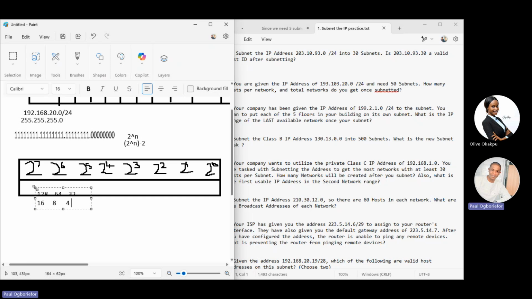The next one will give you 4, then 2. Anything raised to the power of 0 is 1. So these are the answers you will get. Let me try to arrange them accordingly.